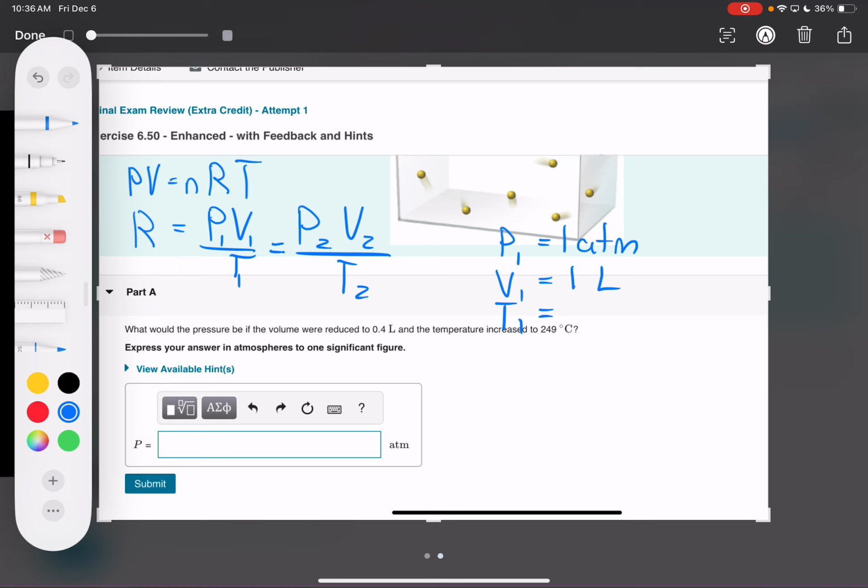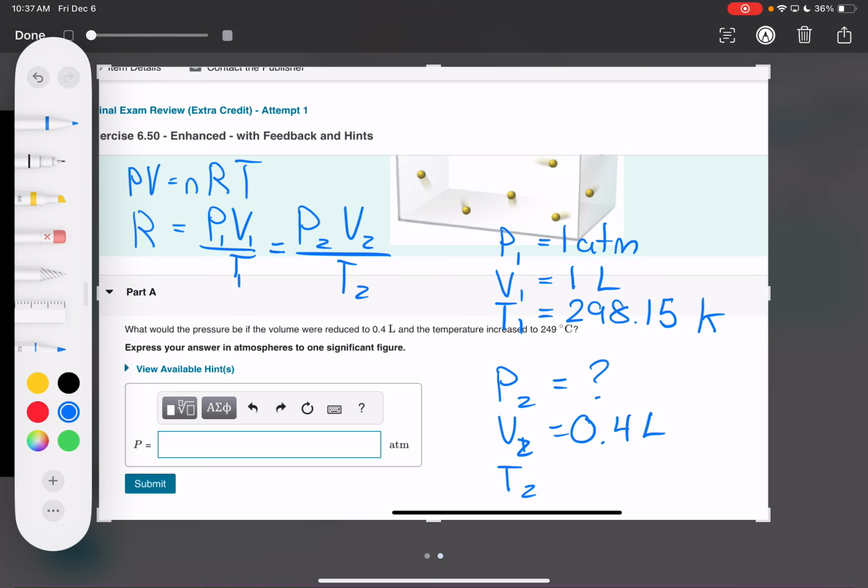Even if you're doing this change thing, you have to convert. So 298.15 Kelvin. And then P2 is the thing we're looking for. Oh, that was supposed to be a question mark. V2 is 0.4 liters.